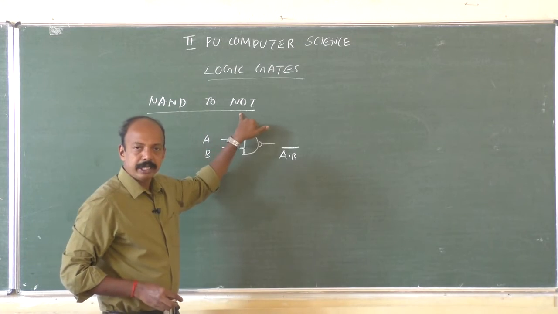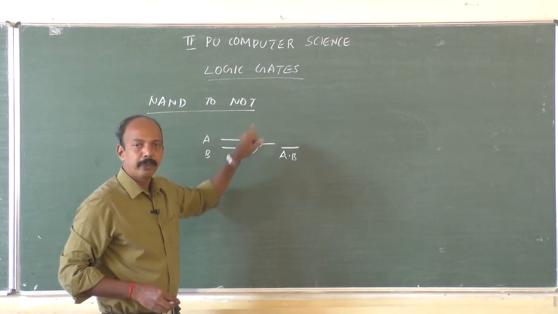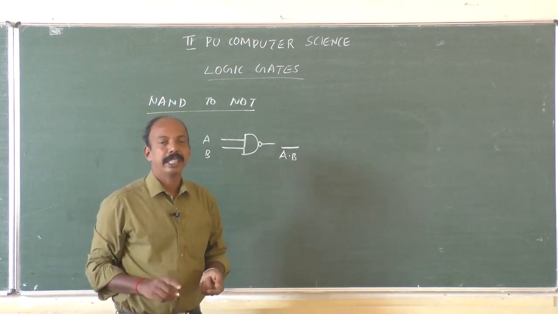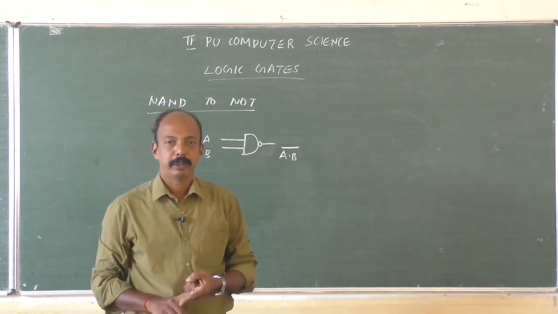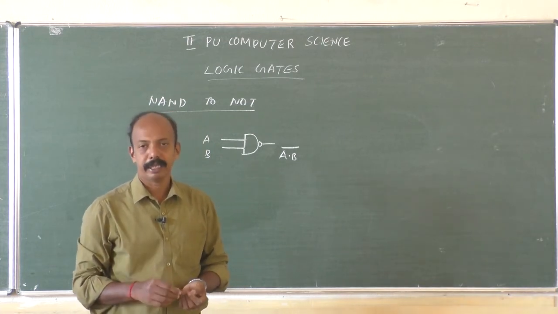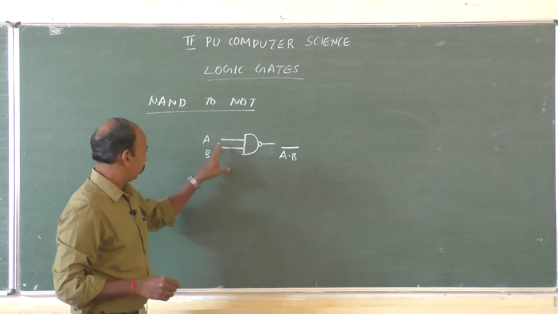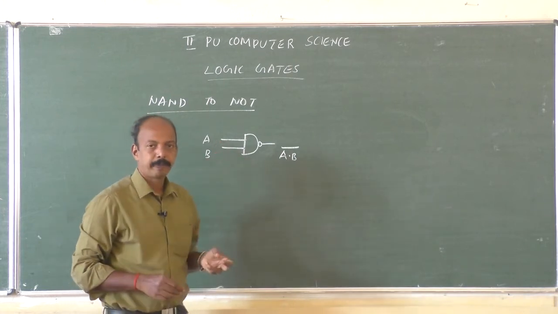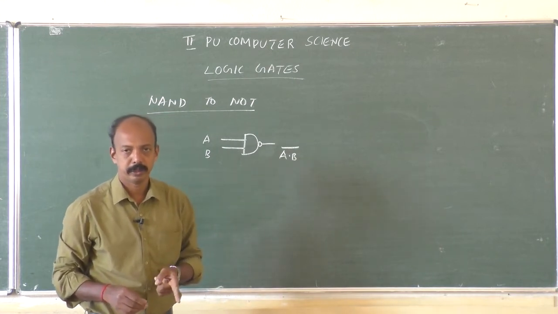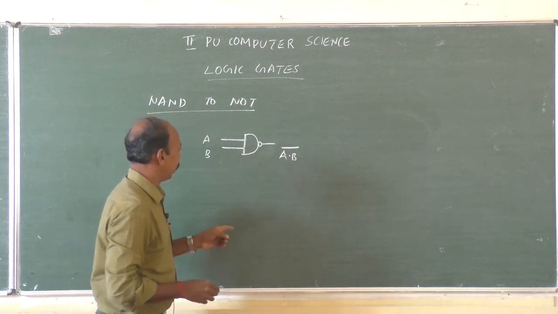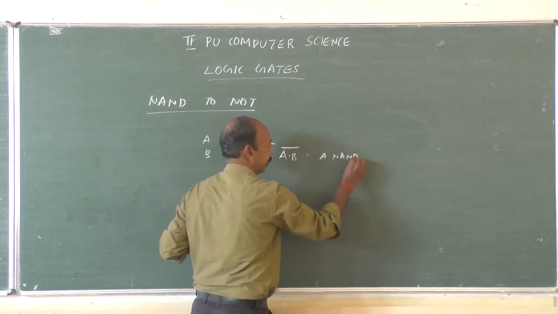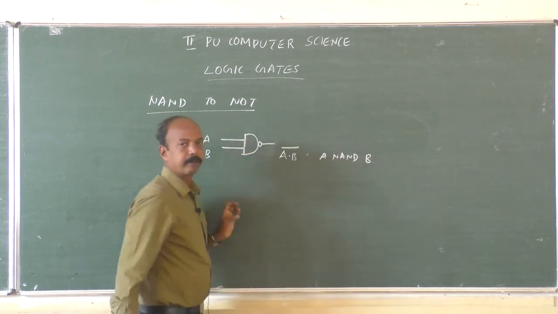What is our intention? Whatever value that we have fed should be complemented, but NOT gate works on only one input, isn't it? Whatever input that we have given will be complemented here. Now the question is, can we take A and B? NOT gate will be having only one input and only one output, isn't it? That's why this could be written as A NAND B, right?